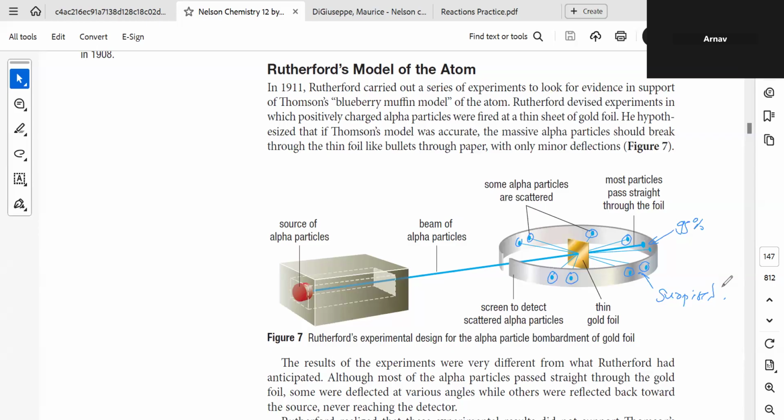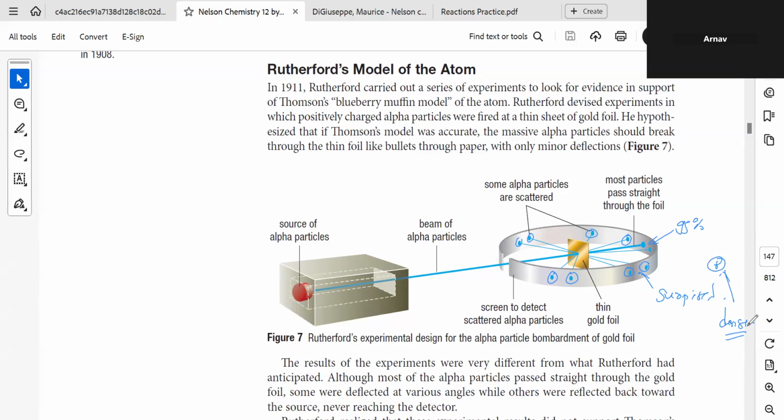How are these small number of particles getting deflected? That means the gold foil has something in it which is positively charged and extremely dense. Because there is something dense and positively charged, these alpha particles, which are like bullets, are getting deflected.